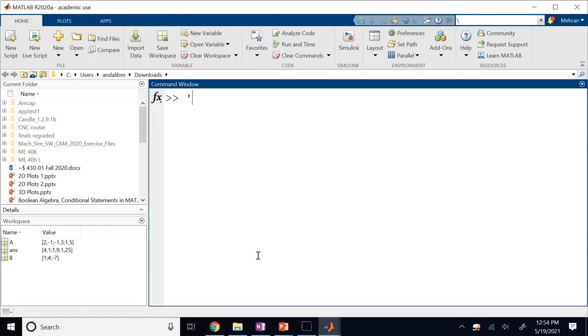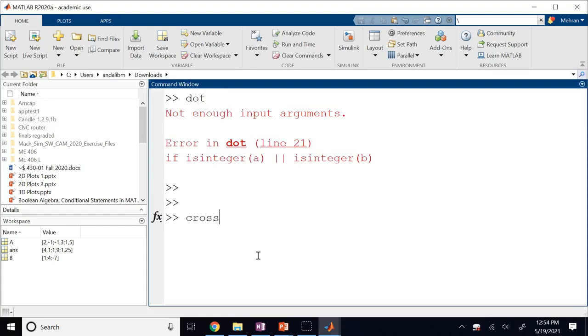One was the transpose, or the single quotation. You also learned about the inverse and about the determinant. I mentioned the dot. I mentioned the cross. Correct? But there are others. What are they? I also mentioned ones, zeros, I. There are some others that I want you to know. What are they?